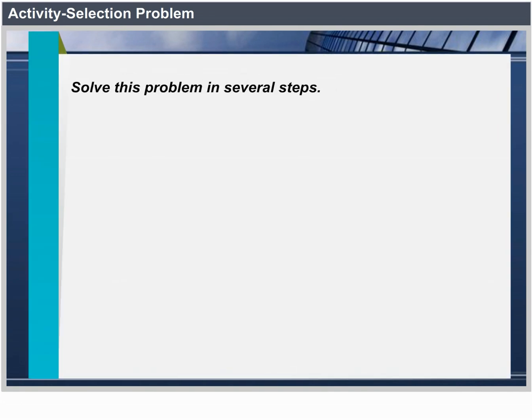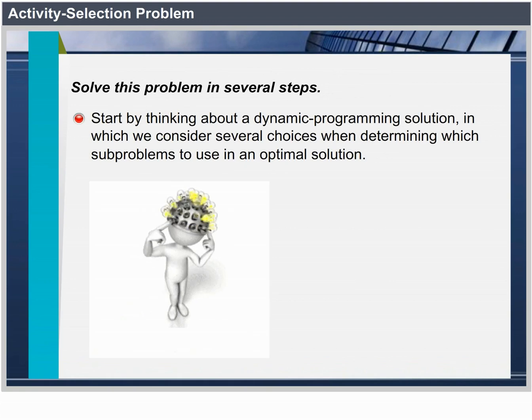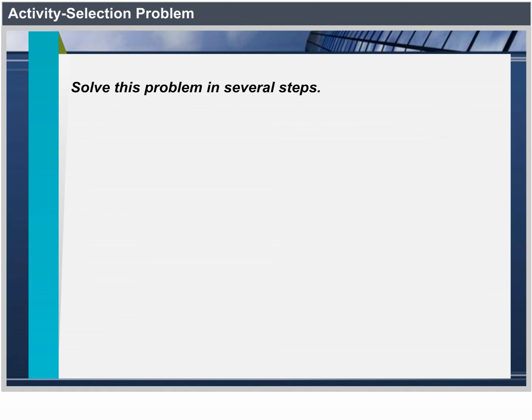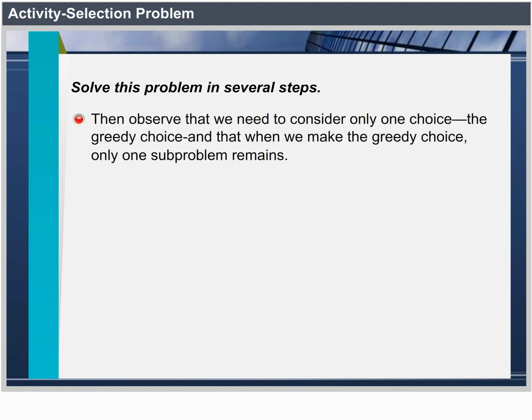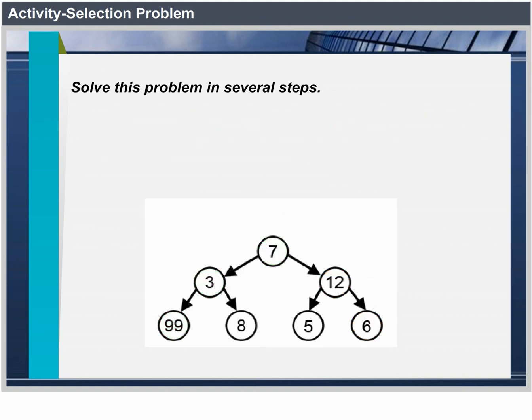We solve this problem in several steps. Start by thinking about a dynamic programming solution in which we consider several choices when determining which subproblems to use in an optimal solution. Then observe that we need to consider only one choice, the greedy choice, and that when we make the greedy choice, only one subproblem remains.